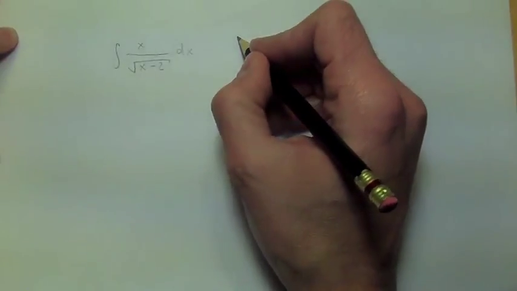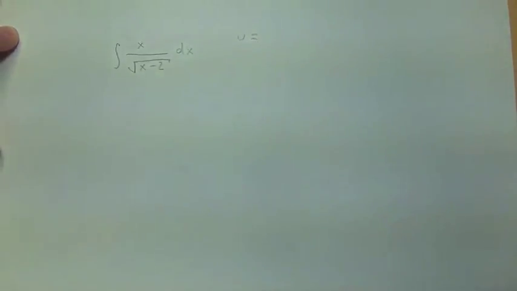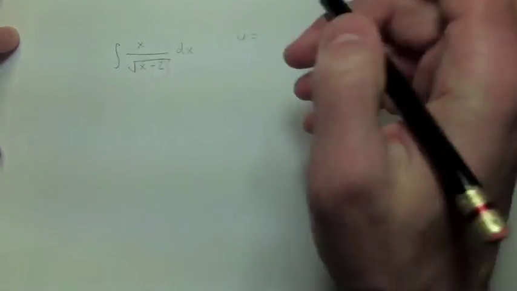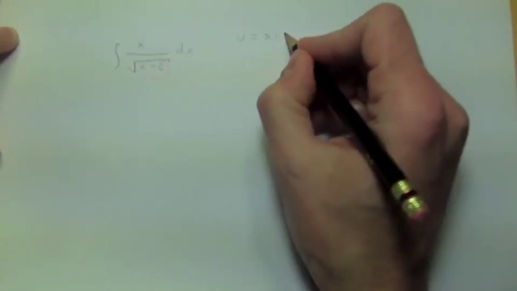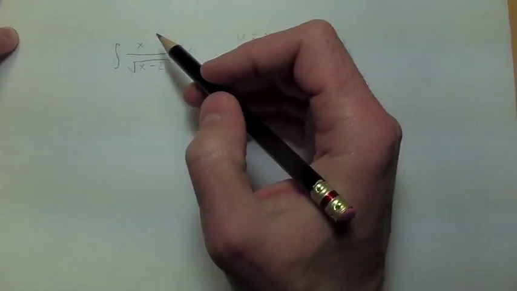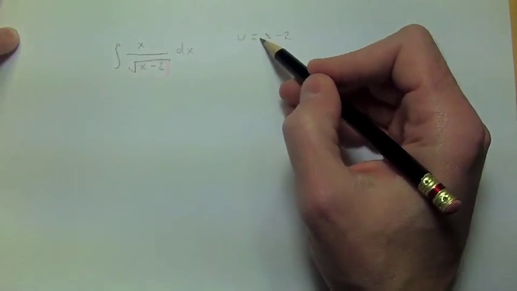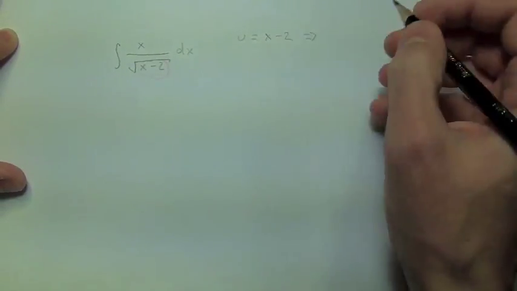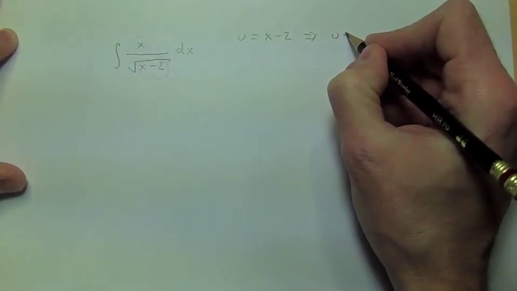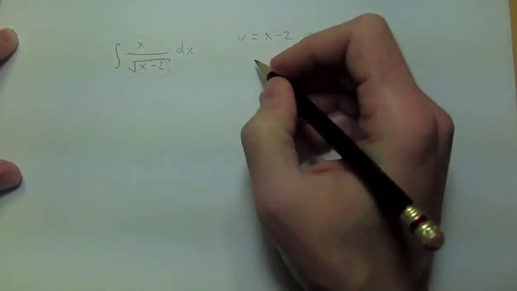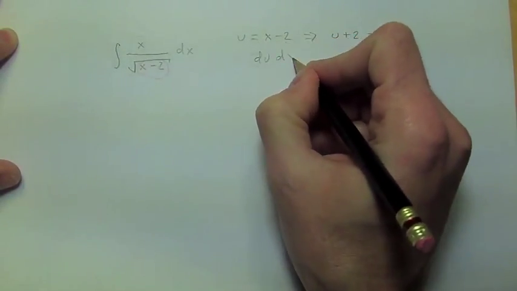So we let u be that inner function, x minus 2. Then here we have x, so we solve for x, and that's typically what you do. You get u plus 2 is equal to x, and du, of course, is dx.